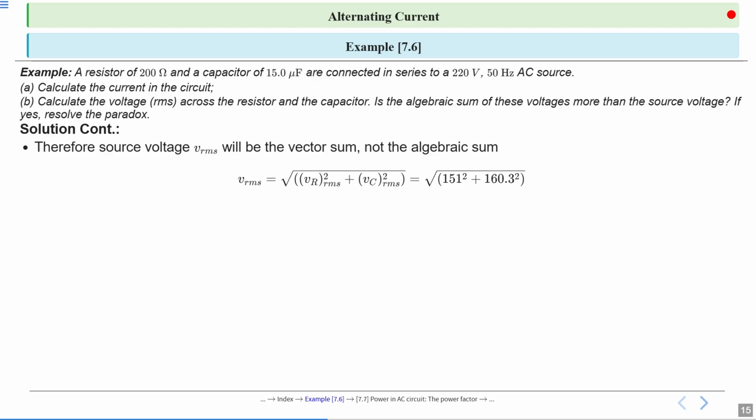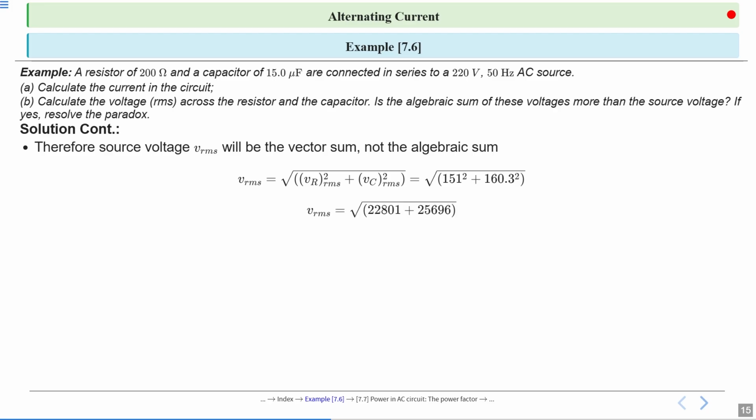So V RMS, this is the net voltage, the resultant of these two voltages across the resistor and capacitor. This V RMS will be equal to root of VR RMS square plus VC RMS square, which is equal to root of 151 square plus 160.3 square.